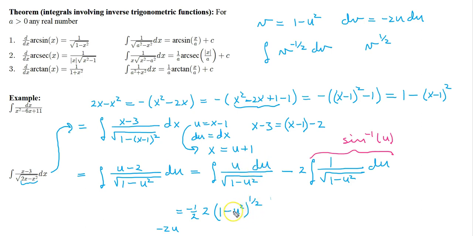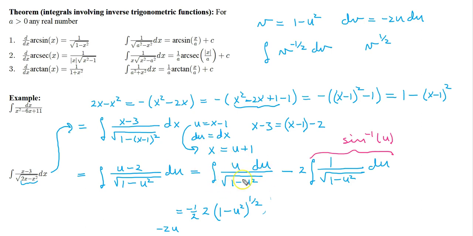Notice once again, if we differentiate this, drop the 1/2 down, it cancels with this 2. Subtract 1 from the exponent, we get our 1 over square root 1 minus u squared. When we multiply by the derivative of the inside, we get negative 2u. The negative 2 will cancel with this negative 1/2 and just leave a u right here.